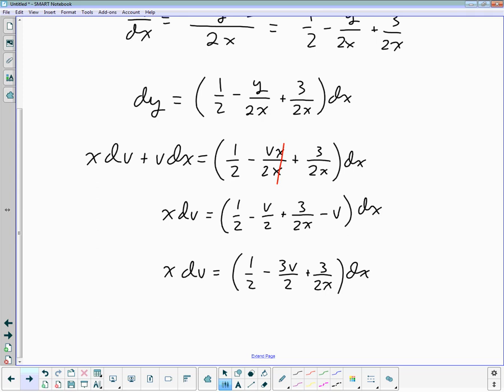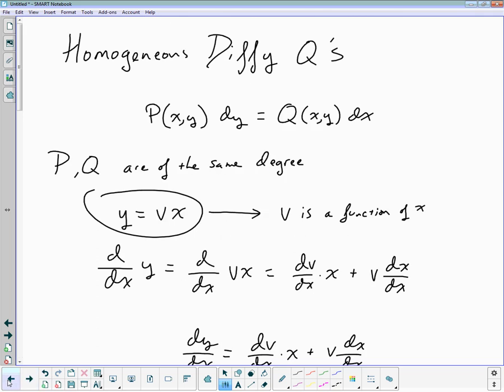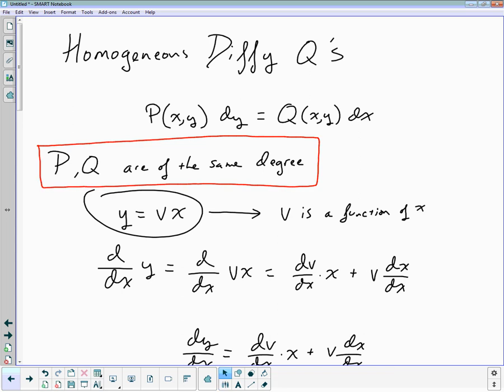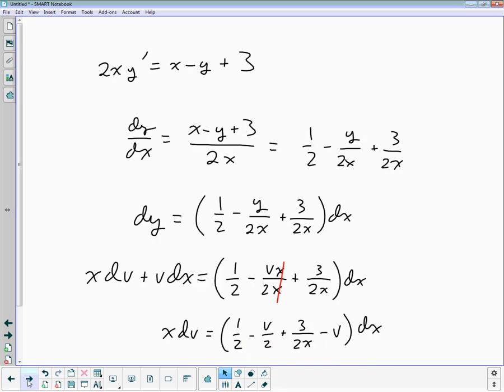Not going to be able to clean this guy up at all. This one does not fly. And let's go back to what I said before. Go back up here. Okay?